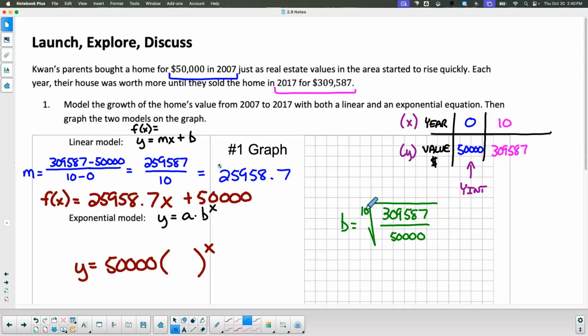So calculate that for me on a calculator, please. 10th root of that number. Or do you need me to teach you how to do it on yours? Okay. So that means that we're going up by 20% then, every year? Yep. Okay.